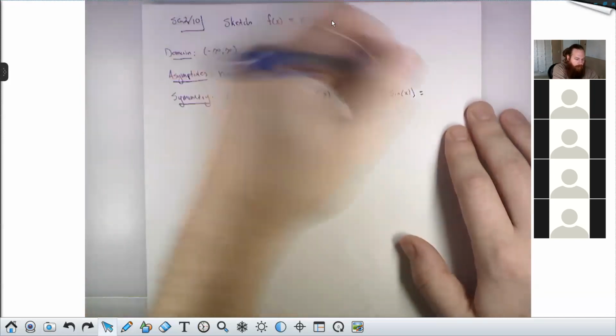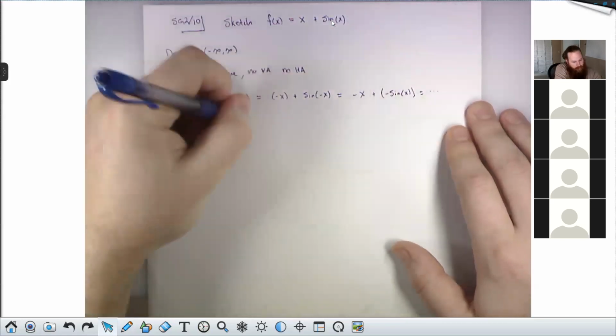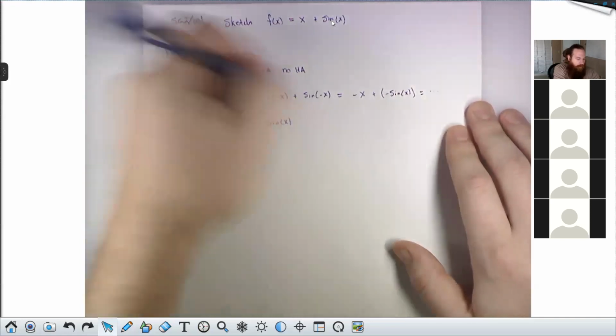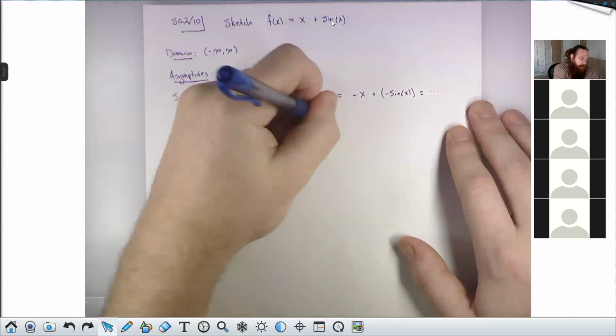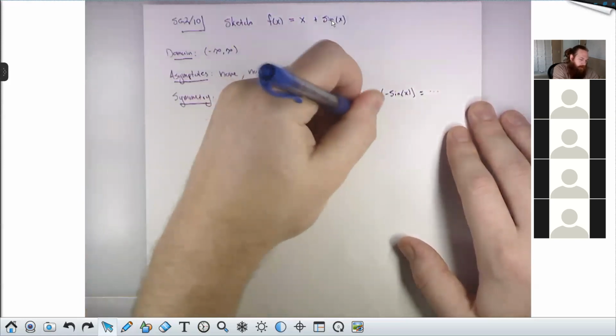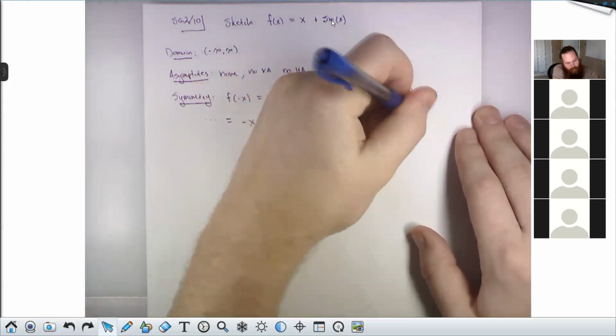Which is negative x minus sine of x. And then you can factor your negative and you get negative x plus sine x. So this is negative f of x.